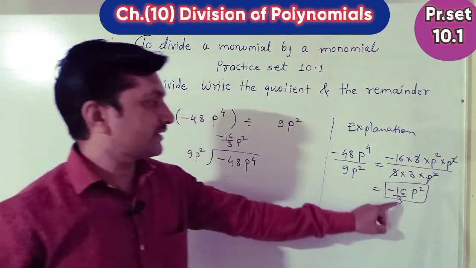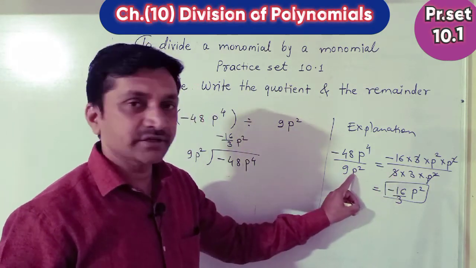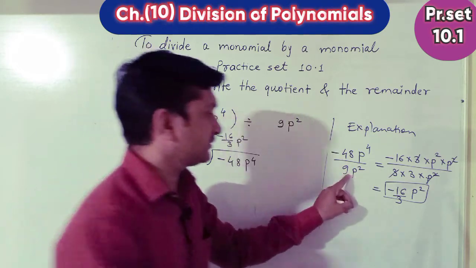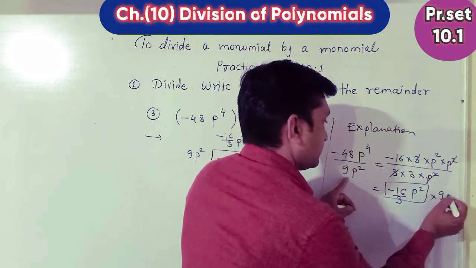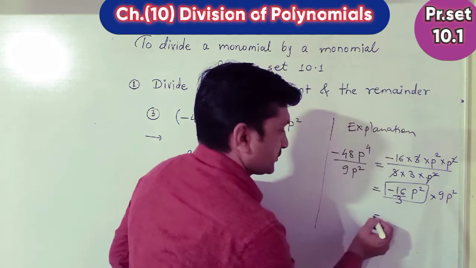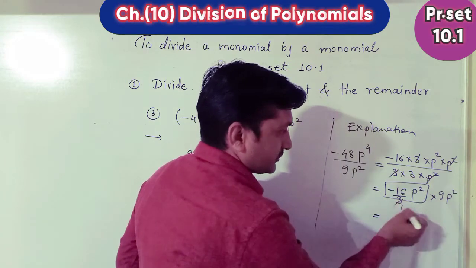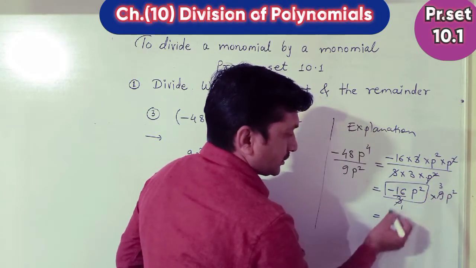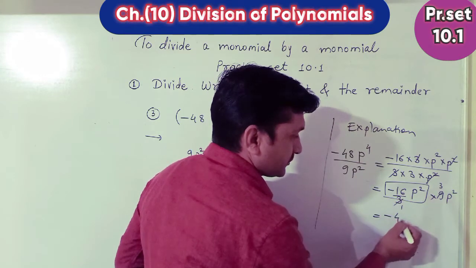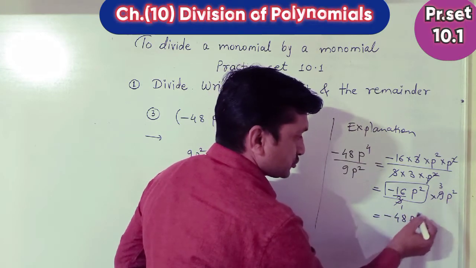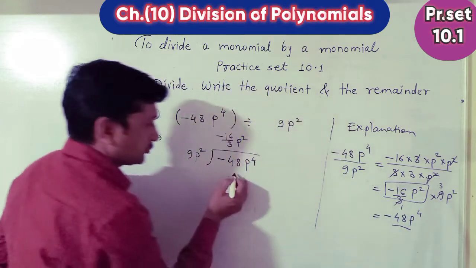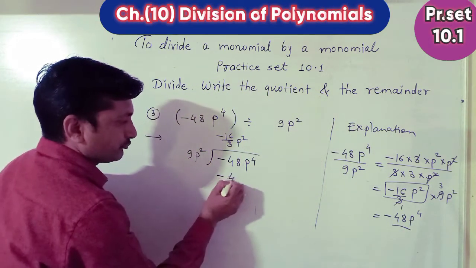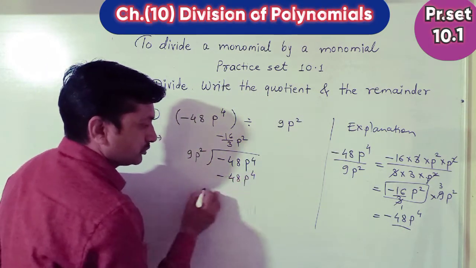Now here we divided, now multiply by divisor again, multiplied by 9p square is equal to, this is explanation, 3 1s are 3, 3 3s are 9. Now minus 16 3s are 48, p square into p square, p raised to 4, and this term we have to write here down, minus 48 p raised to 4.